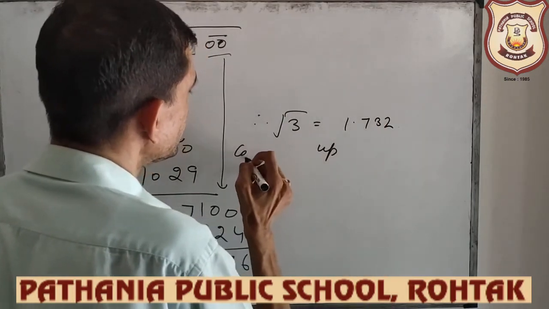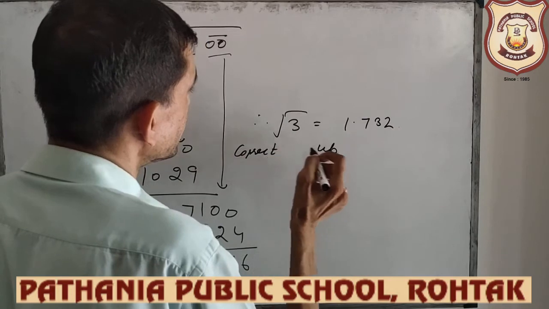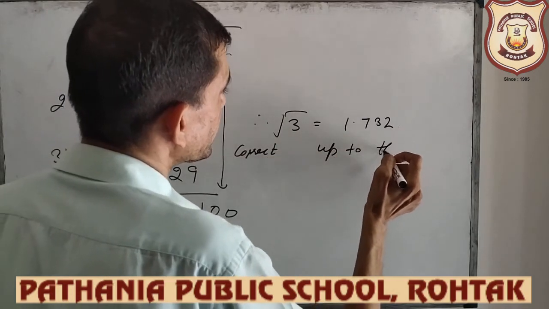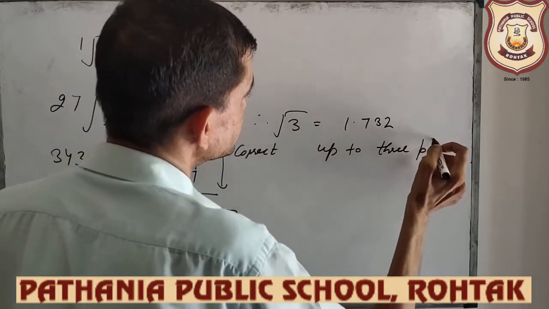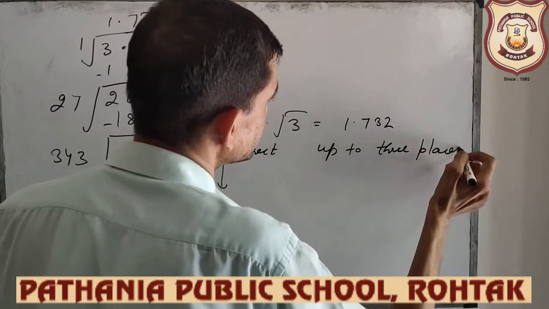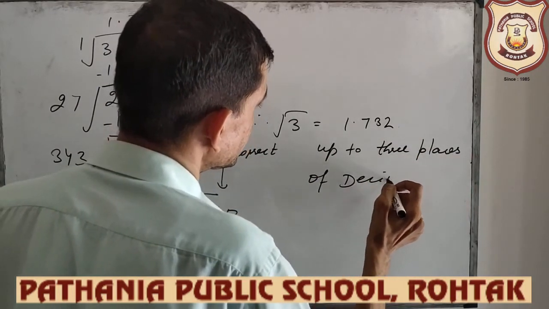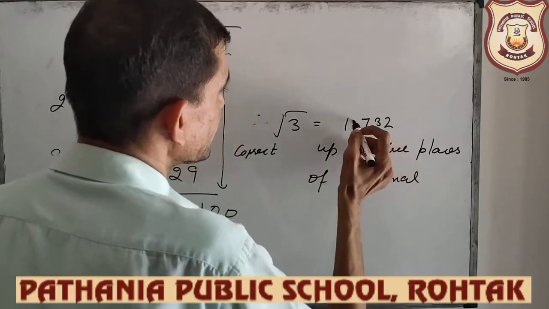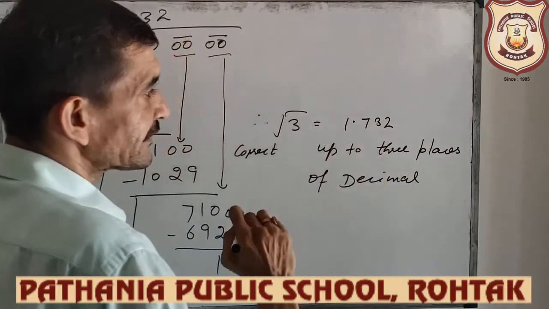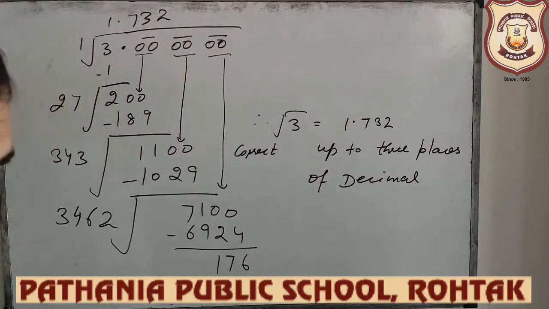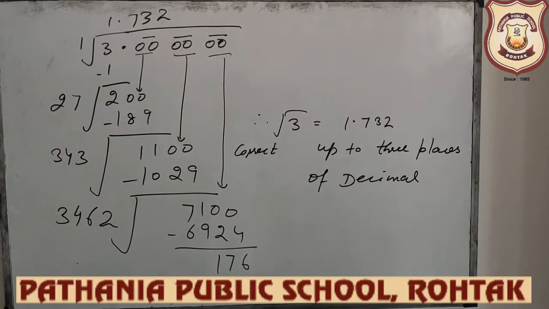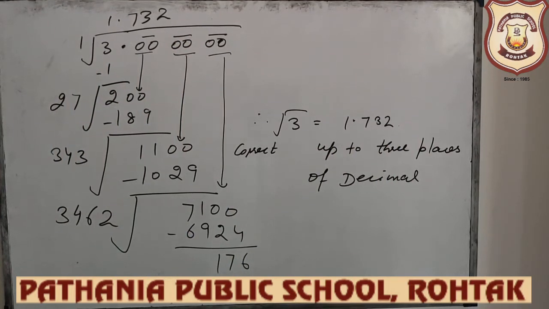Correct up to 3 places of decimal, because after decimal there are 3 digits, 732. In this way you can find root 3, root 5, root 9 like this.